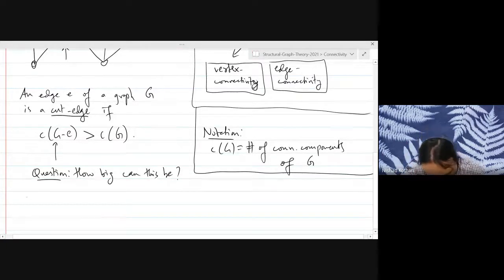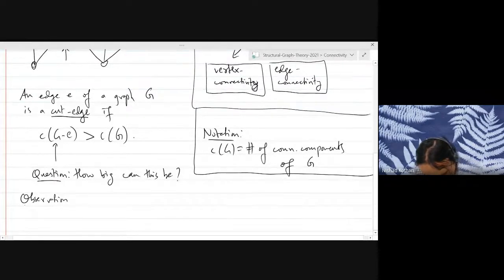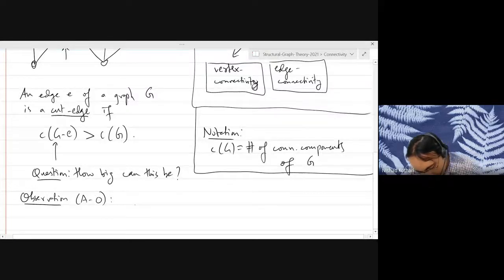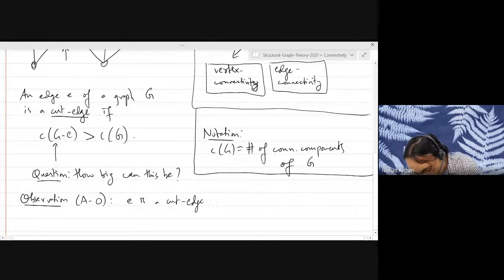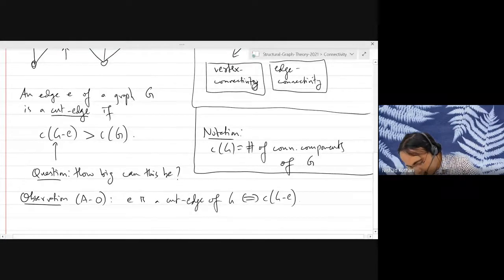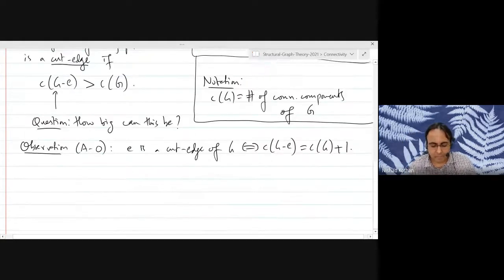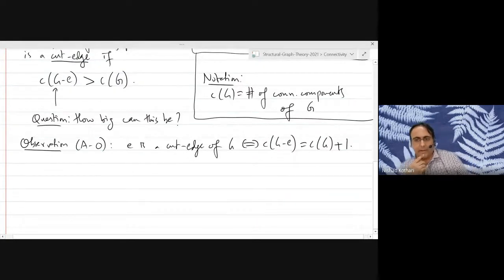So, observation, this is assignment 0. e is a cut edge of a graph G if and only if the number of components of G minus e is exactly 1 more than the number of components in the original graph. I hope everybody can see this and therefore prove this.